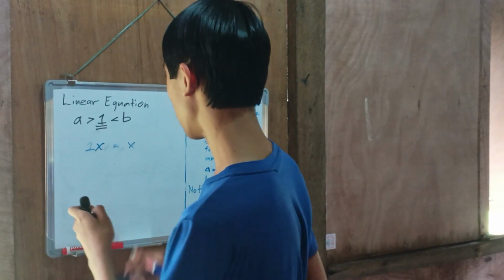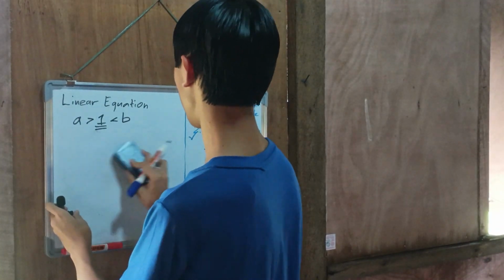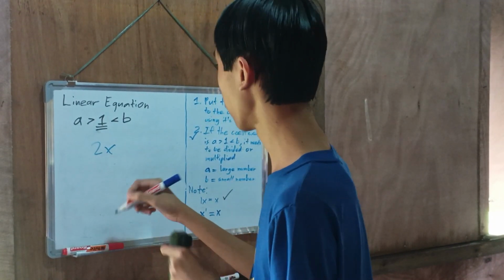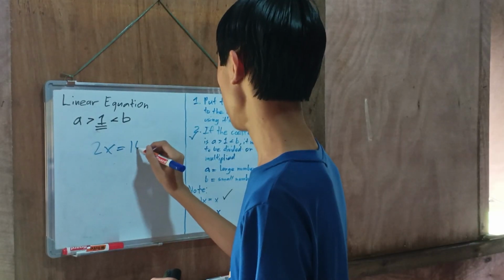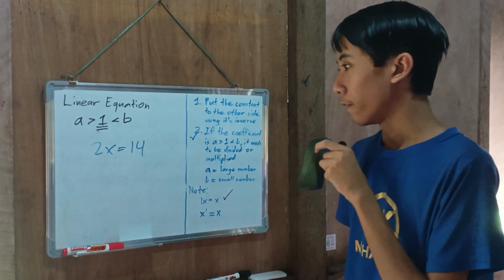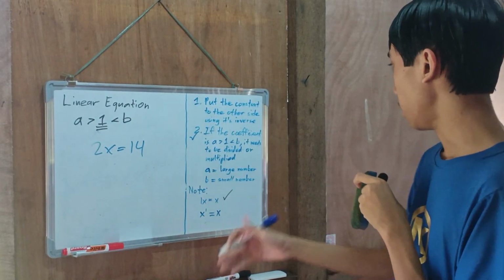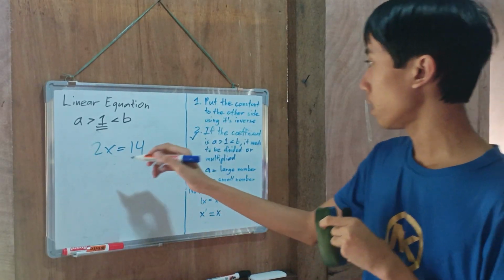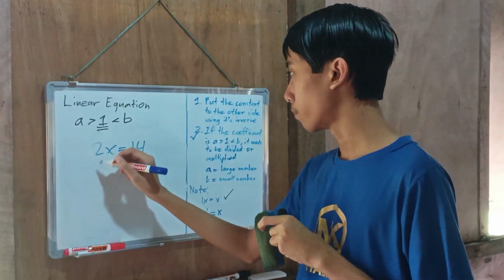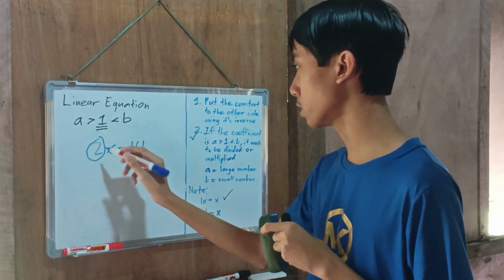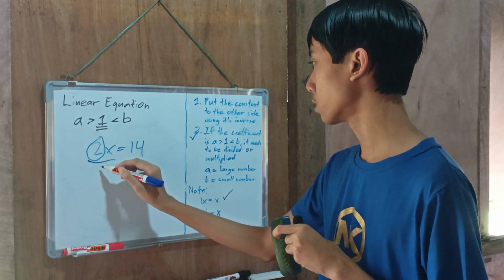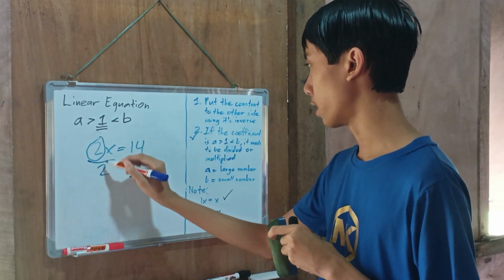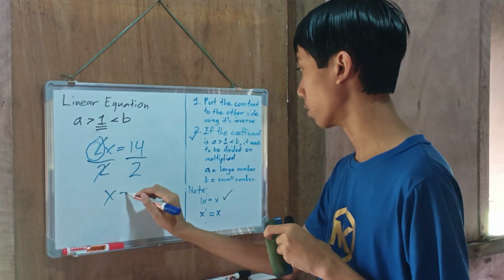Now what if it is greater than 1, for example 2x equals 14? Since this is a whole number, we just divide both sides by itself, which is 2. That's why we get x equals 7.